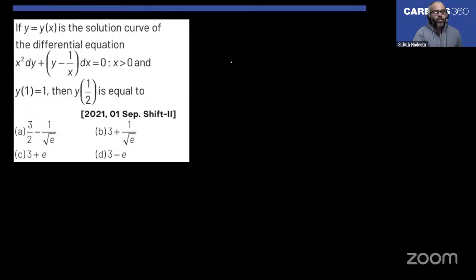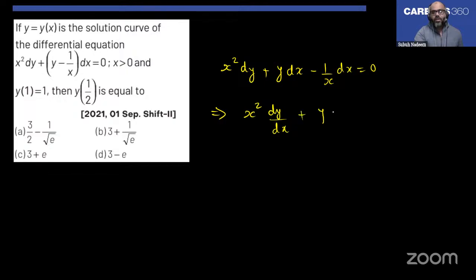Okay. So what we are going to do, this is given x square dy, and then it is y dx, then it is minus 1 by x dx is equal to 0. If you open the bracket, we can write it as x square dy by dx, dividing by dx, plus y minus 1 by x is equal to 0.